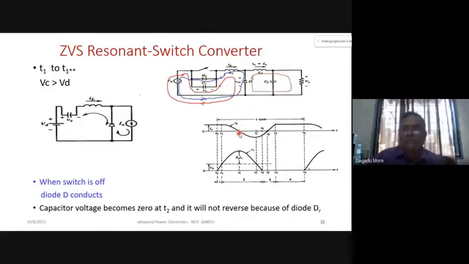And whenever the current becomes zero, it is an LC tank circuit, so the current will try to reverse its direction, and that reverse direction of current is shown with a blue current direction. Our current will be reversed because of the LC tank circuit, and this negative current will flow through the diode.